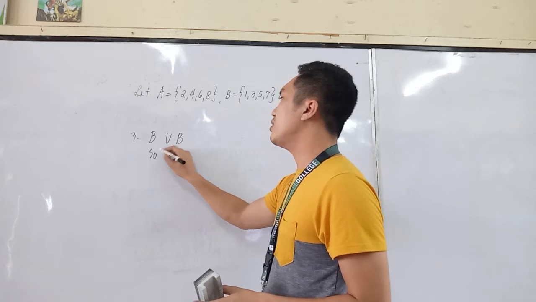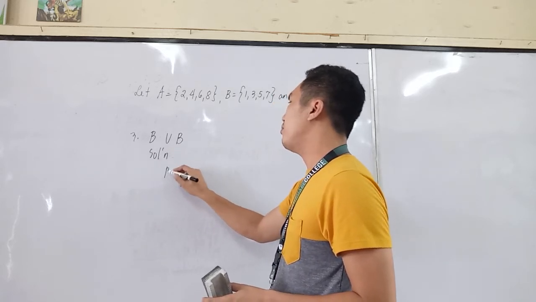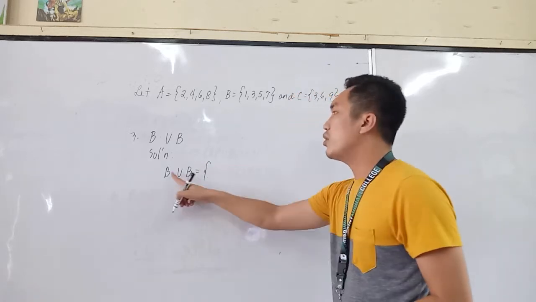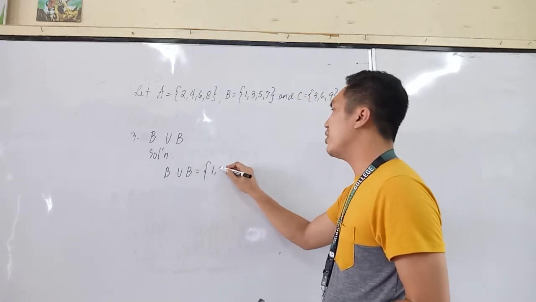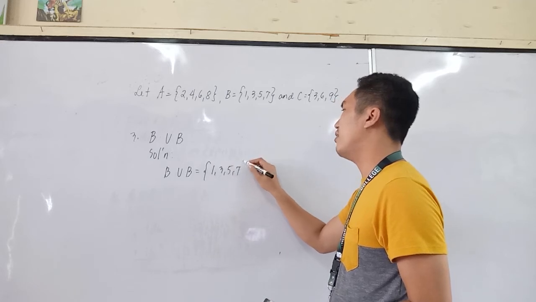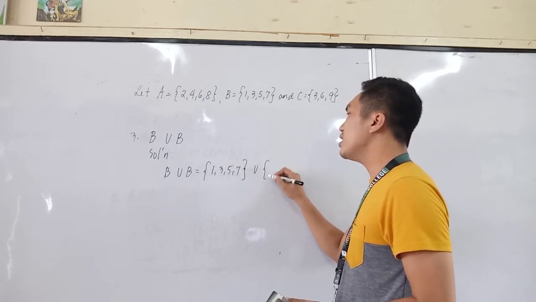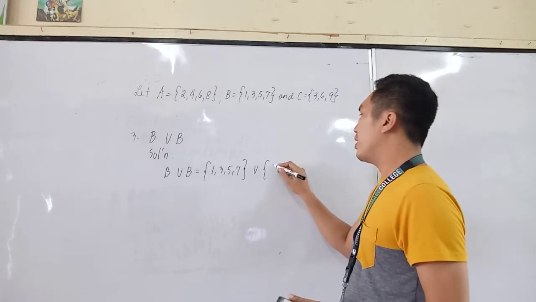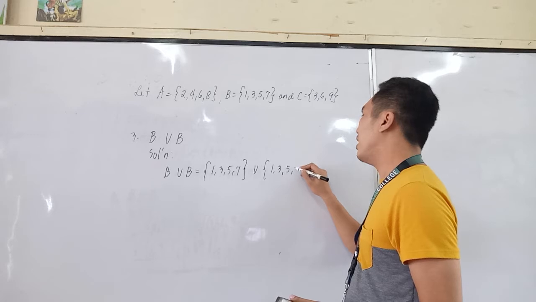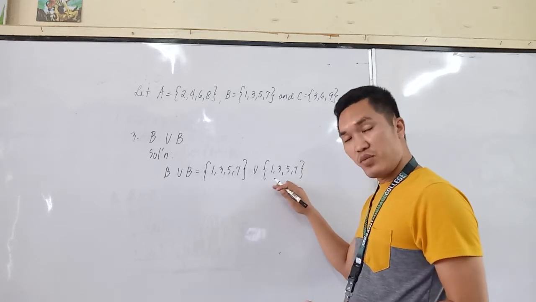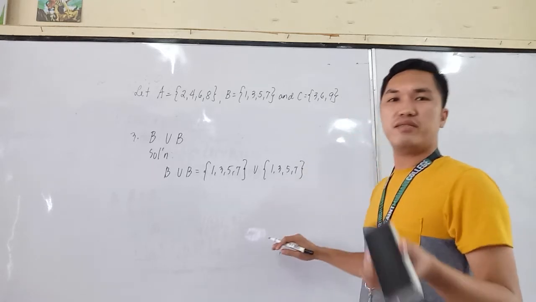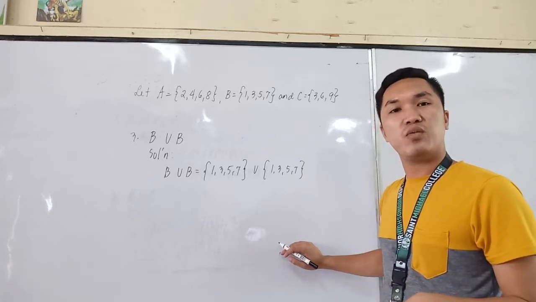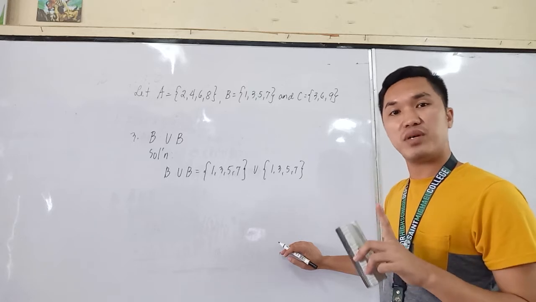For the solution, we have B union B is equal to. The elements of B are 1, 3, 5, 7. Union to itself, we have 1, 3, 5, and 7 as well. Since we said earlier that identical elements should be written once, we write them only once.